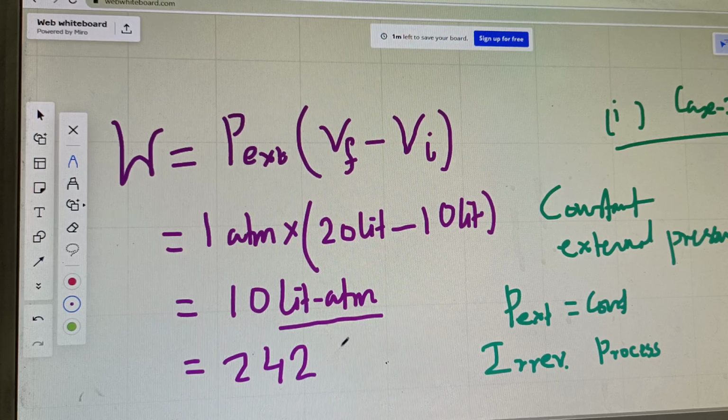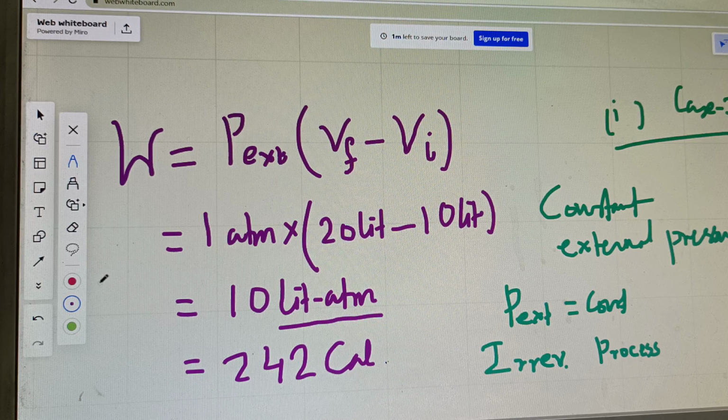We know the conversion: the value of R universal constant is 0.082 liter atmosphere, and the value of R in calorie is around 2 calorie.